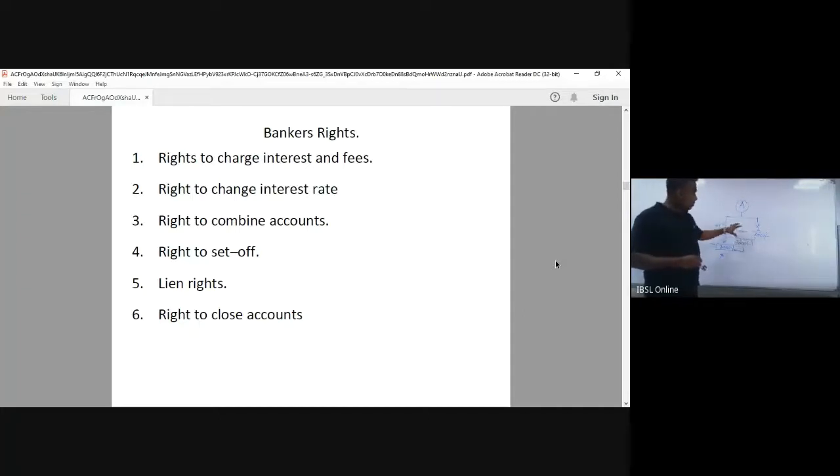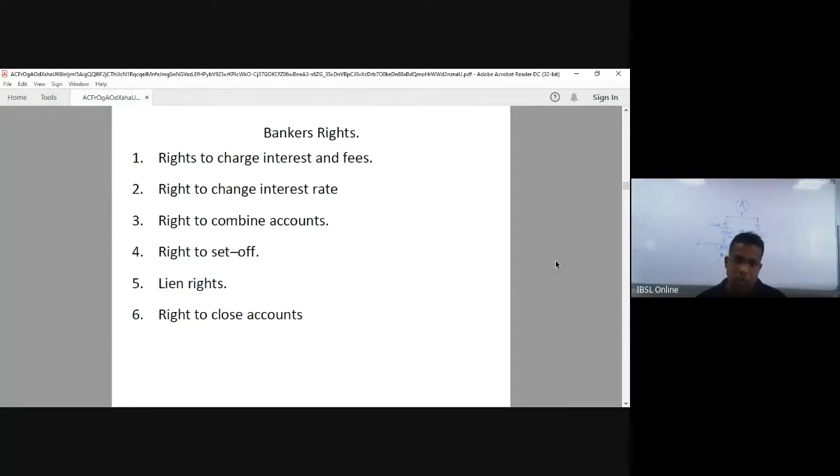You combine the accounts and you pay the check, so the benefit goes to the customer. His check will not get returned. This is not mentioned or written in any agreement. However, the combination of account is a right given to the banks.